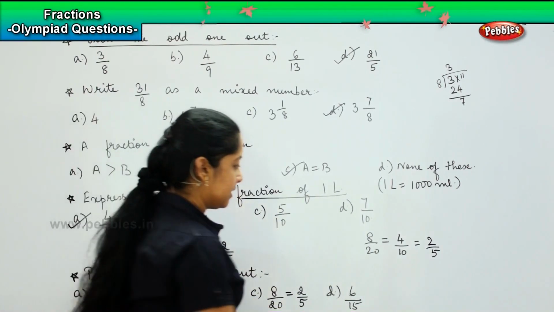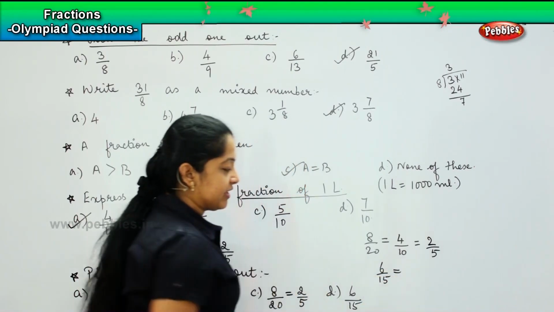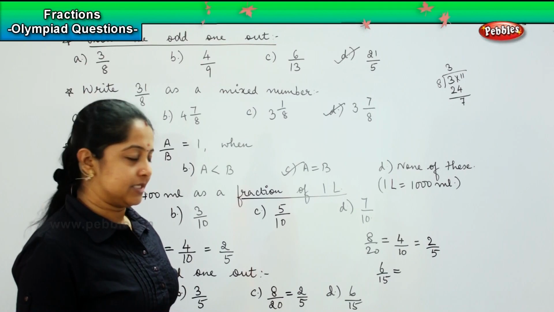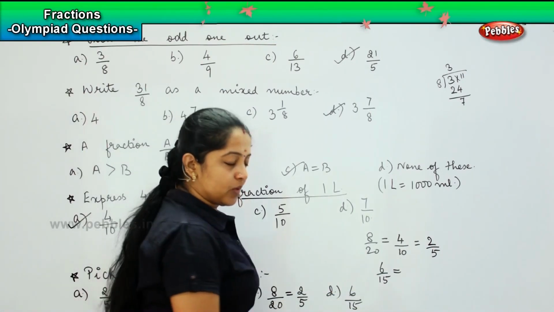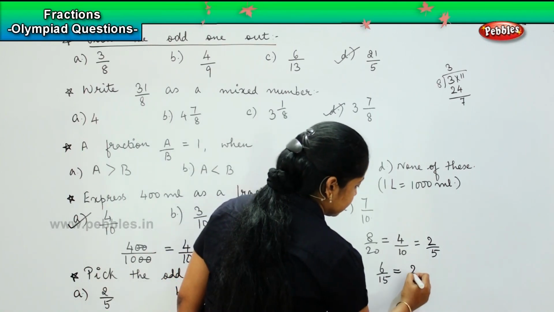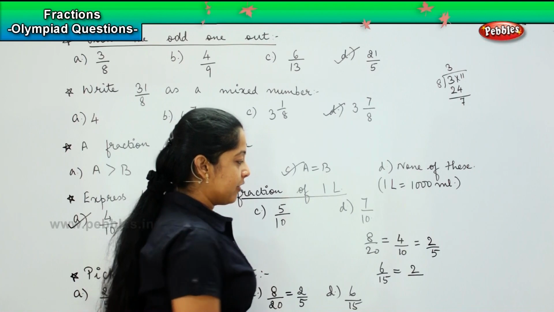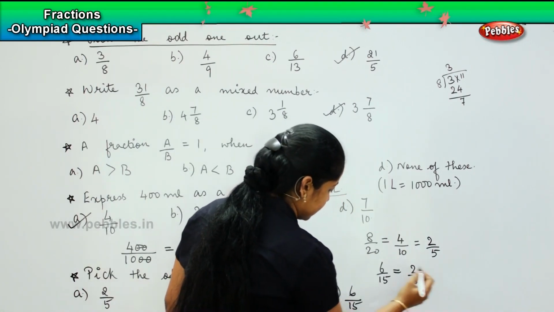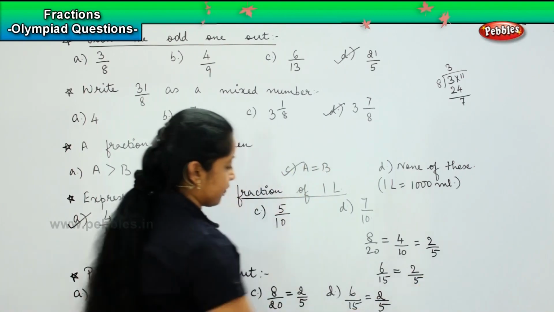Coming to the next one, 6 by 15. Is it possible for me to simplify this fraction? Yes, because both the numbers are divisible by 3. So 3 ones are 3, 3 twos are 6, 3 threes are 9, 3 fours are 12, 3 fives are 15. So this can also be written as 2 by 5.